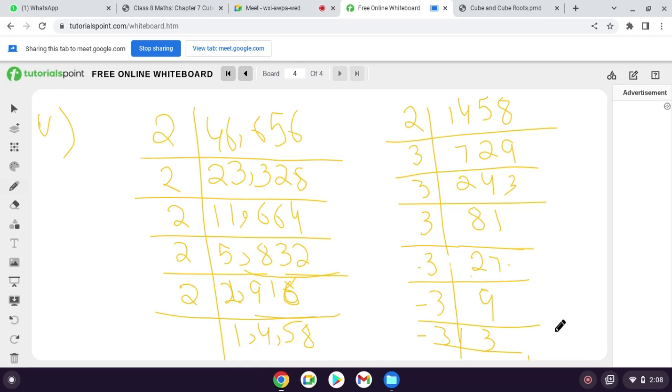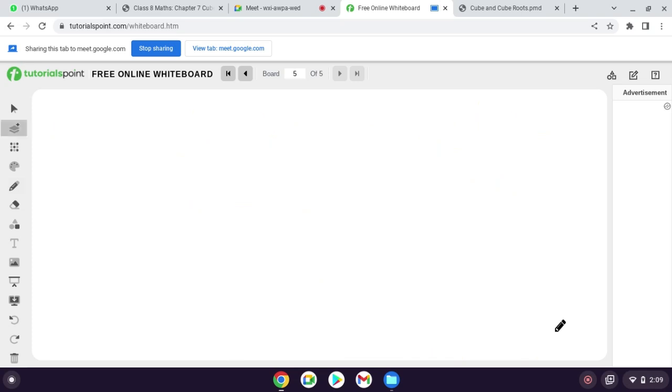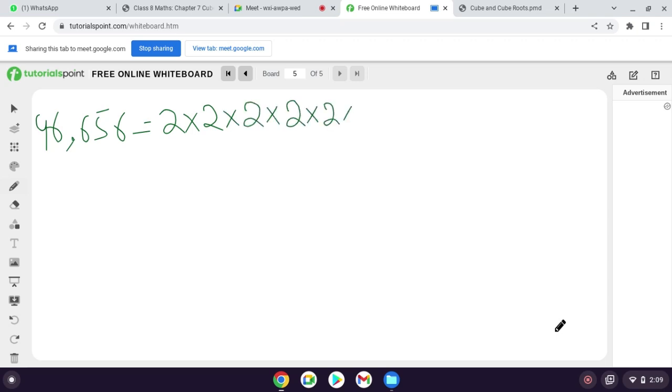1 2 3 4 5 6. 1 2 3 4 5 6. I think this is a perfect cube. How? Look here. 46,656 makes 1 2 3 4 5 6. 1 2 3 4 5.